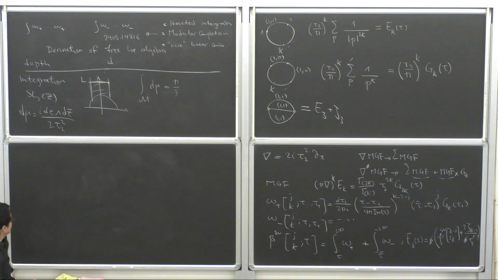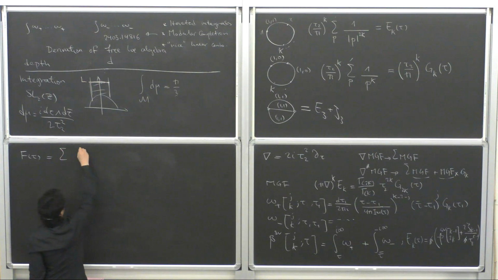So the first method that I want to talk about is to write down the Poincare series of this function, whatever it is. Let's call that function f of tau. It must be an SL2 invariant function so that the integral makes sense. So let's write this f of tau as some seed function.